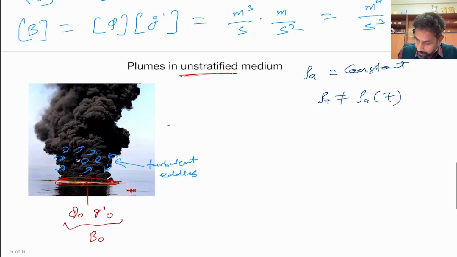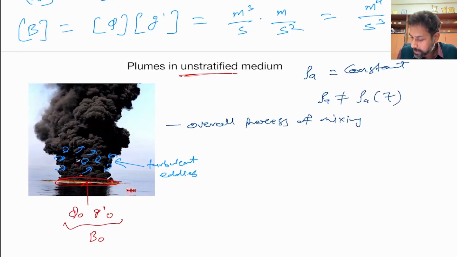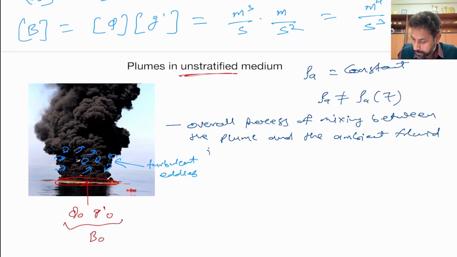This overall process of mixing between the plume and the ambient fluid is called entrainment.